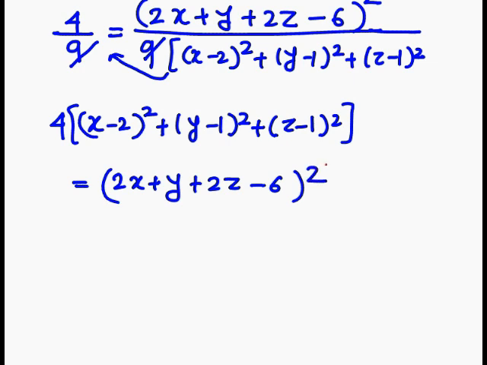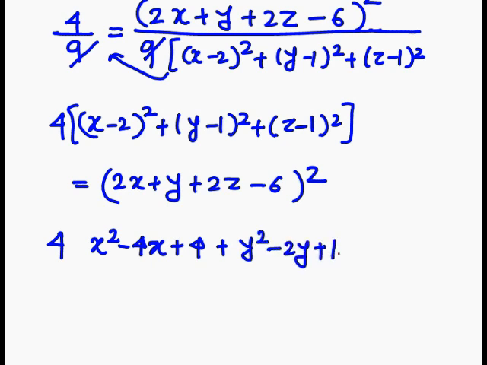So by simplifying this, we get 4 into square of x minus 2, square is x square minus 4x plus 4, plus y square minus 2y plus 1, plus z square minus 2z plus 1. Now here we want to take the square of these 4 terms. So first of all we write the square of each term.